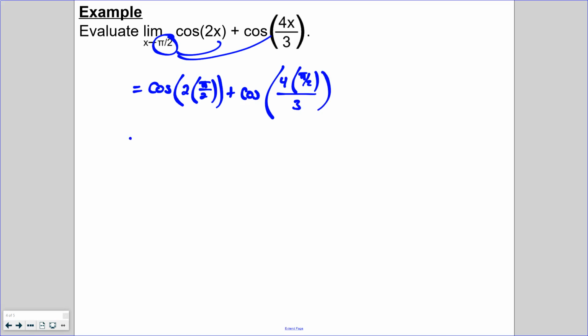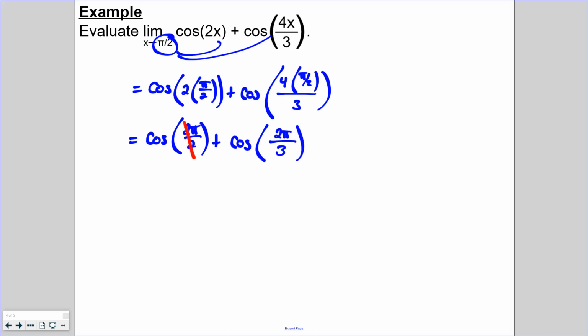And then we can start simplifying this down. This is going to give us cosine of 2 pi over 2 plus cosine of, and let's see, 4 times pi over 2 is going to be 2 pi, and then over 3.